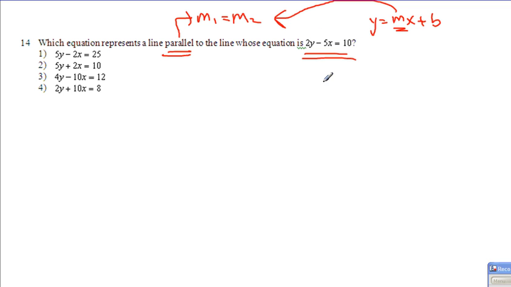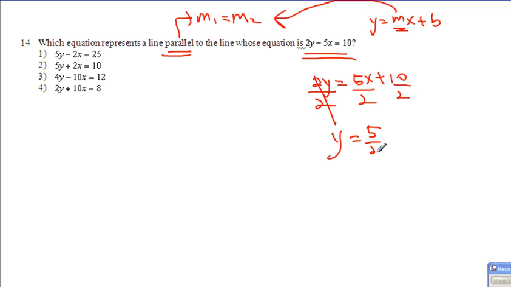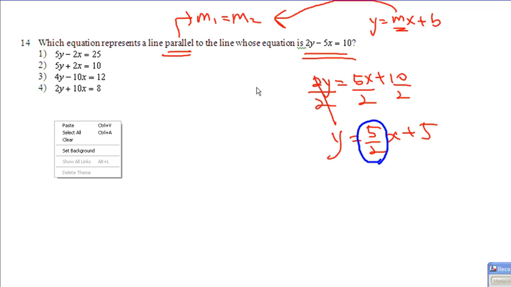So here we're going to add 5x. So 2y is equal to 5x plus 2 plus 10, divided by 2. Y equals 5 over 2 x plus 5. And here what we are looking for is the slope. So therefore our answer will be 5 over 2. Now, which one of these will give us 5 over 2?